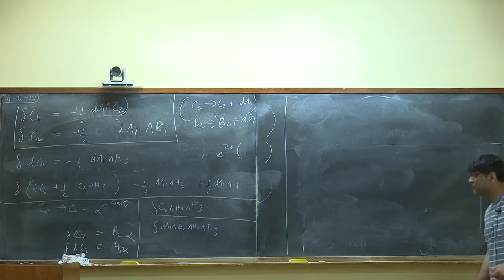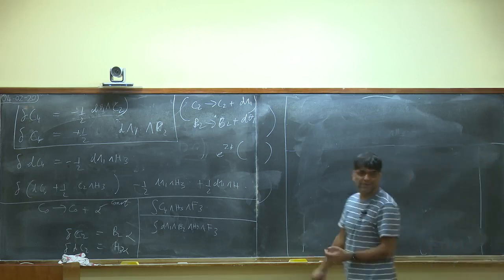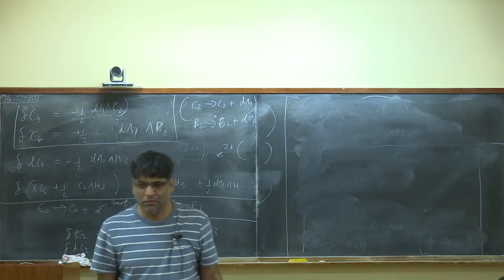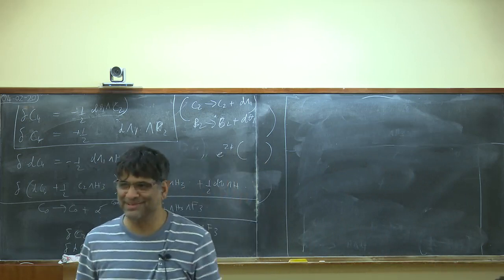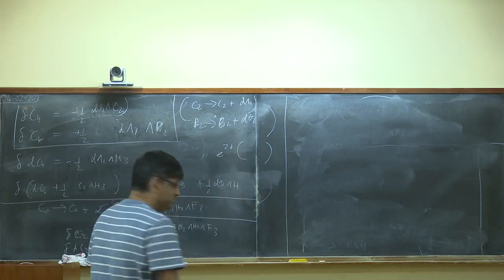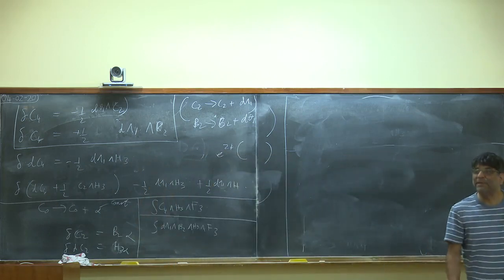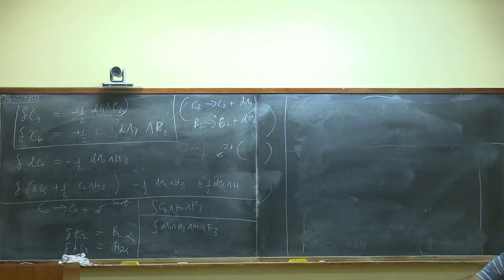Now there is one part of the action that didn't look democratic between the two. What part of the action looks non-democratic between the two? We've already commented on it actually. F1 squared?